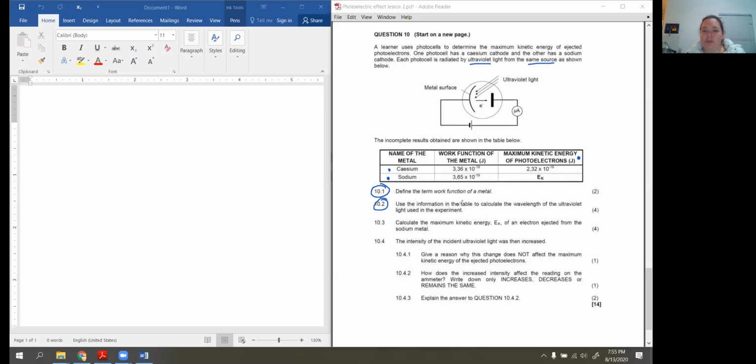Question 10.2 says use the information in the table to calculate the wavelength of the ultraviolet light used in the experiment. This is relatively similar to what we've done before, so I'm hoping that you'll be able to do it quickly. Go for it.